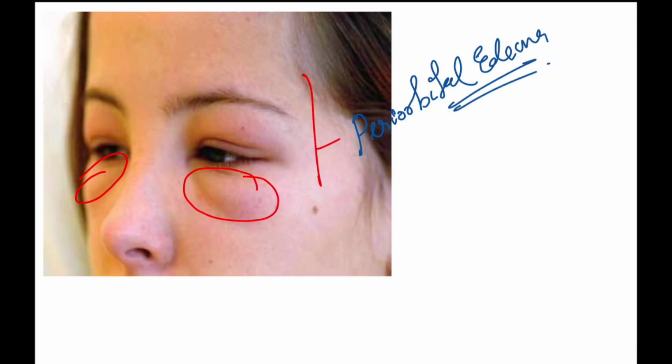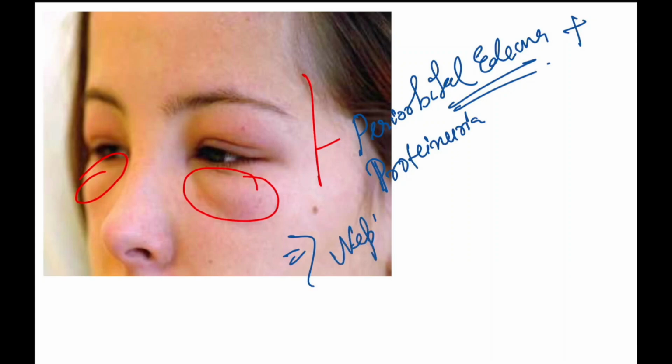Okay, this is called periorbital edema. And if we are seeing periorbital edema with proteinuria, these two are a classical feature of nephrotic syndrome.